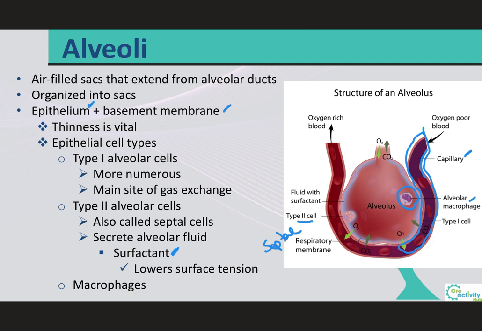Notice as well the exchange of oxygen and carbon dioxide between the air spaces in the lungs and the blood, which basically takes place by diffusion across the alveolar and the capillary walls, and together they will form the respiratory membrane.